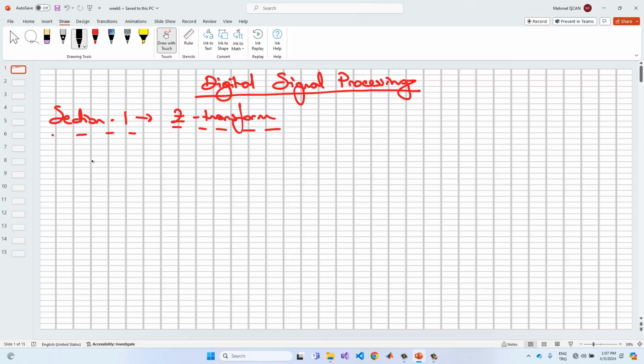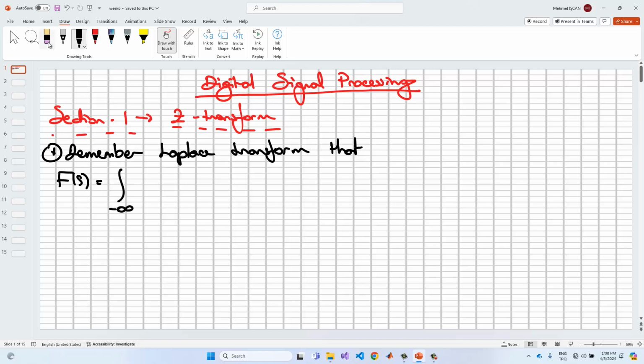Firstly, we need to talk about the Laplace transform. Remember, in the Laplace transform we have the frequency spectrum between omega 0 to infinity, right?